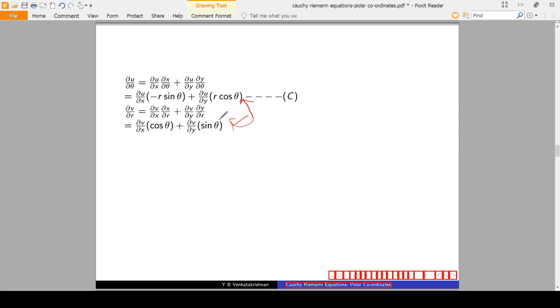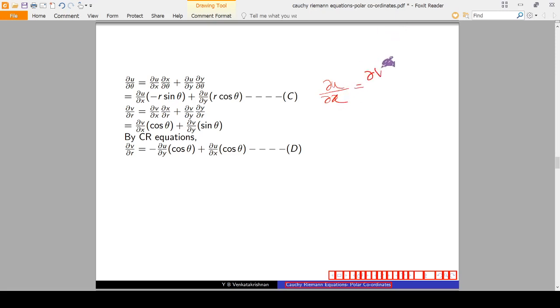Before comparing, I have to convert dou v by dou x and dou v by dou y in terms of partial derivatives of u using the CR equations in Cartesian form. Dou u by dou x is equal to dou v by dou y, and dou u by dou y is equal to minus dou v by dou x.